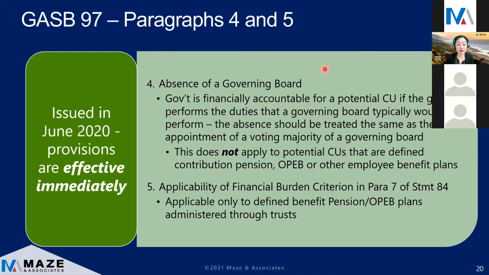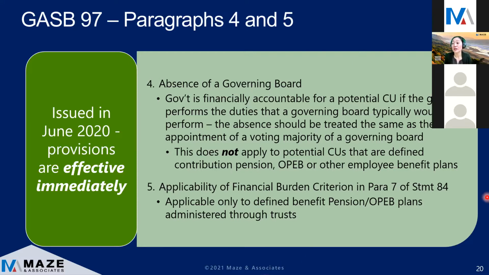So if you recall, in very rough criteria, don't quote me on this, look at the GASB, but basically to determine if there's a component unit, you look at if the government is physically accountable for this other entity, and then can they impose their will, and then do they provide a financial benefit or a burden to this other entity, right? So in the imposing of the will, one of the examples was, well, can they appoint the majority of the board? But what if there's no governing board? So GASB 97 kind of addressed that.